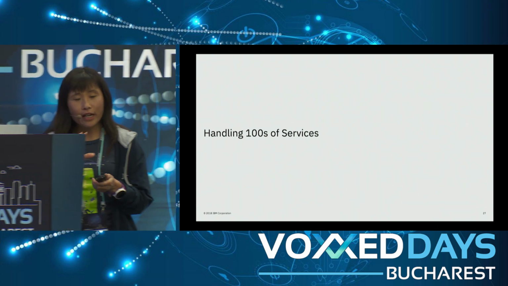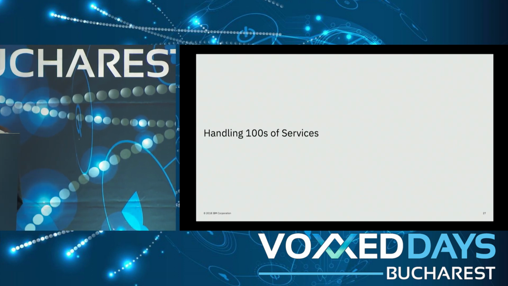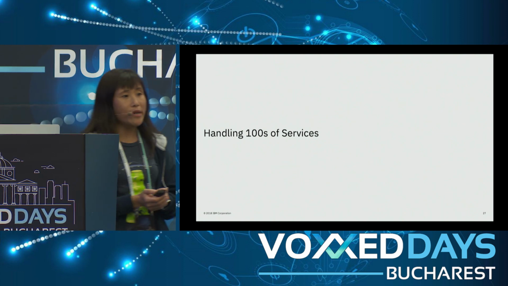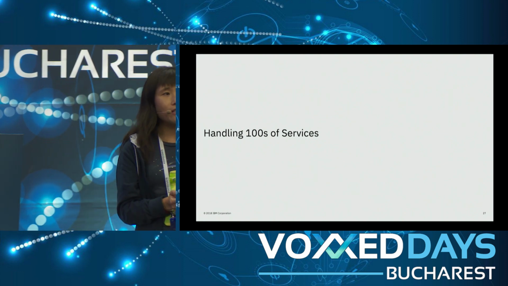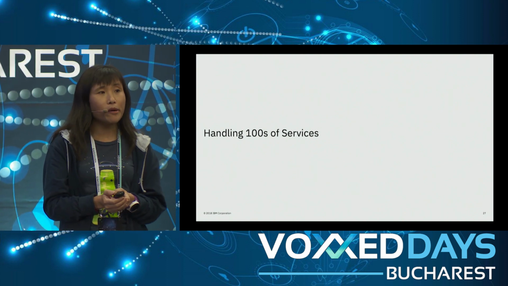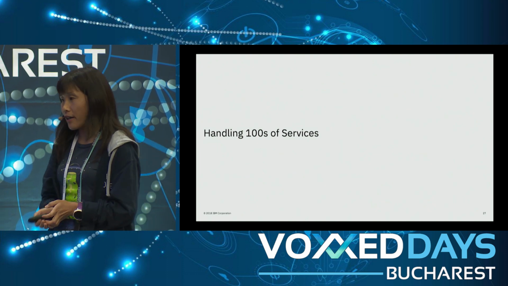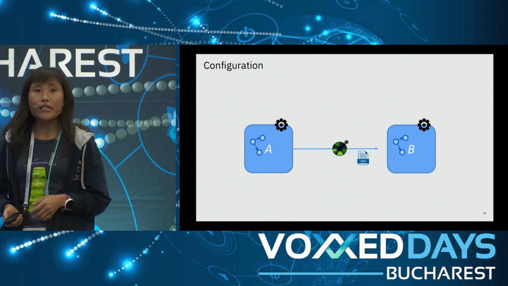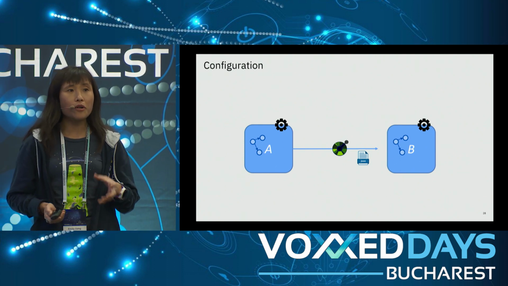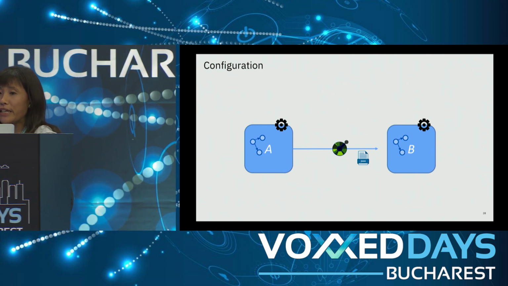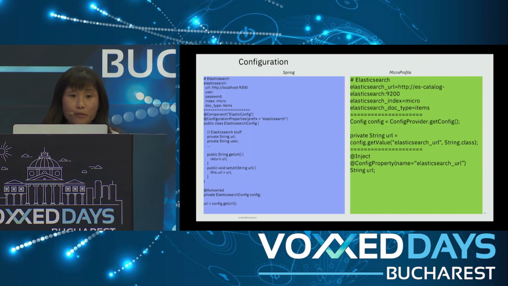Now we have a couple of microservices. The next thing you need to consider is how to make sure the microservice you have built performs well, and also build once, run everywhere. So you need to configure it better and externalize your configuration. In Spring, you use Spring config.